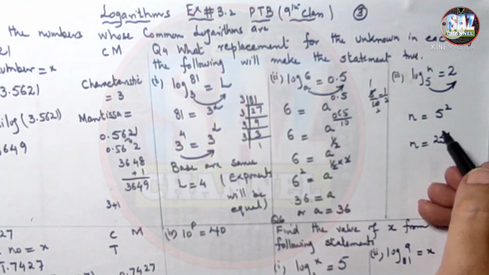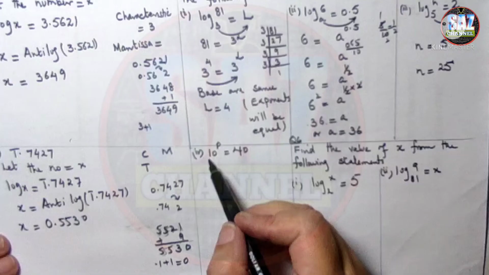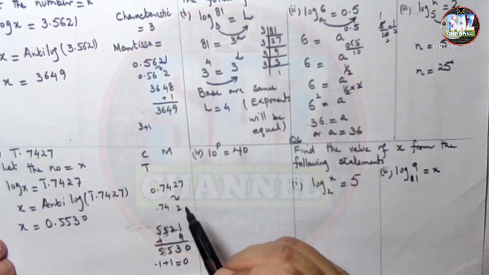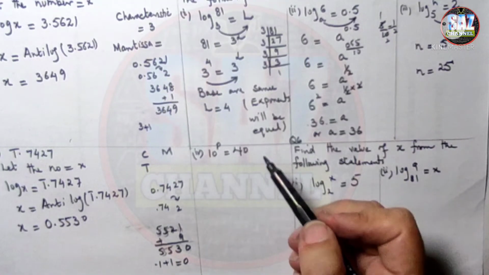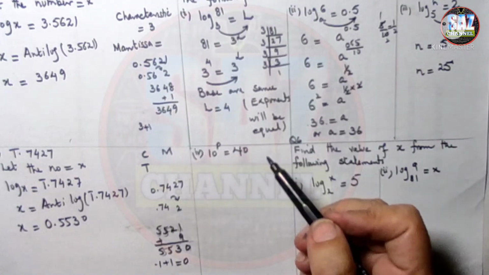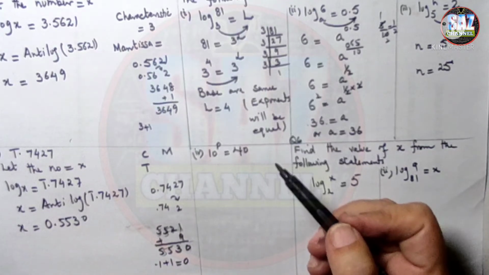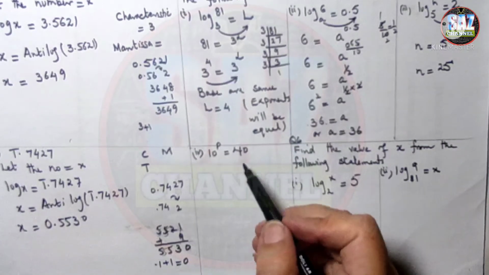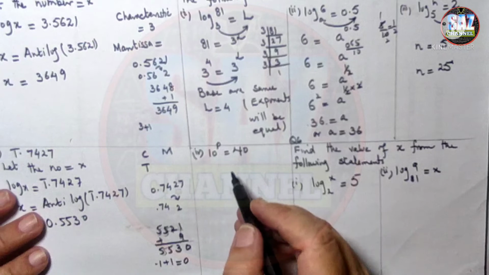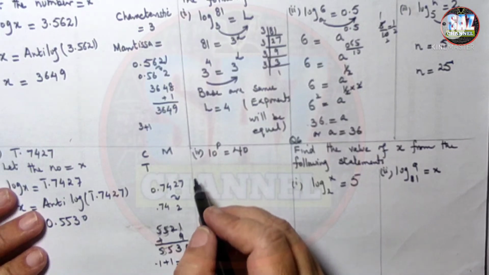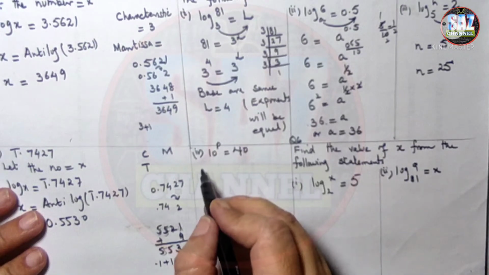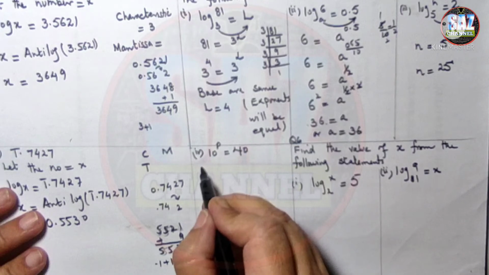Moving to the next question, that is 10 raised to the power of p equals 40. Now the equation is given in exponential form, and we have to turn it into logarithmic form. So I will take log on both sides.